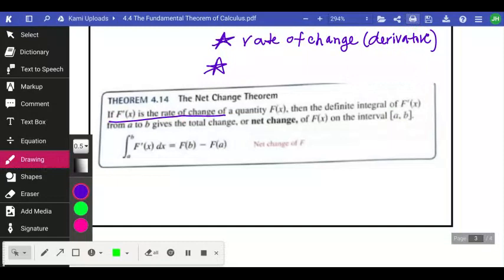And then anytime they say accumulation of change, think of adding or net change. They won't always use the language of net change. Sometimes they talk about accumulation of change, which makes sense because you're adding up a bunch of derivatives. Accumulation of change is your integral.